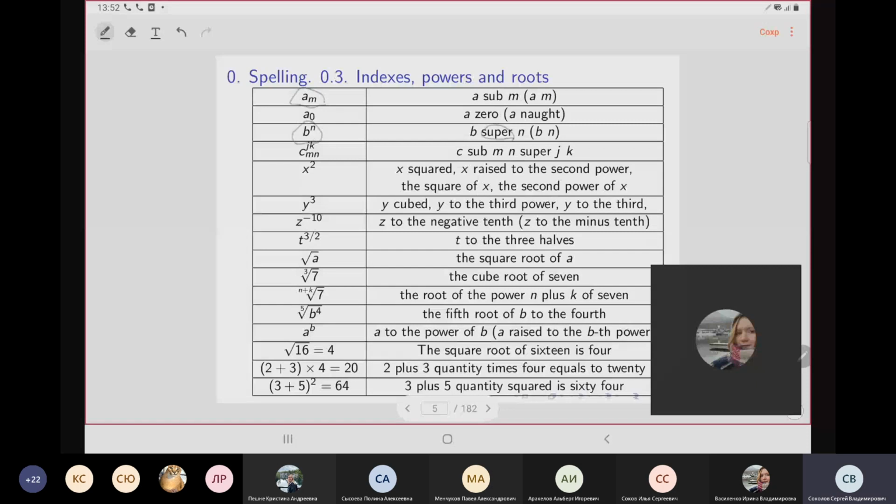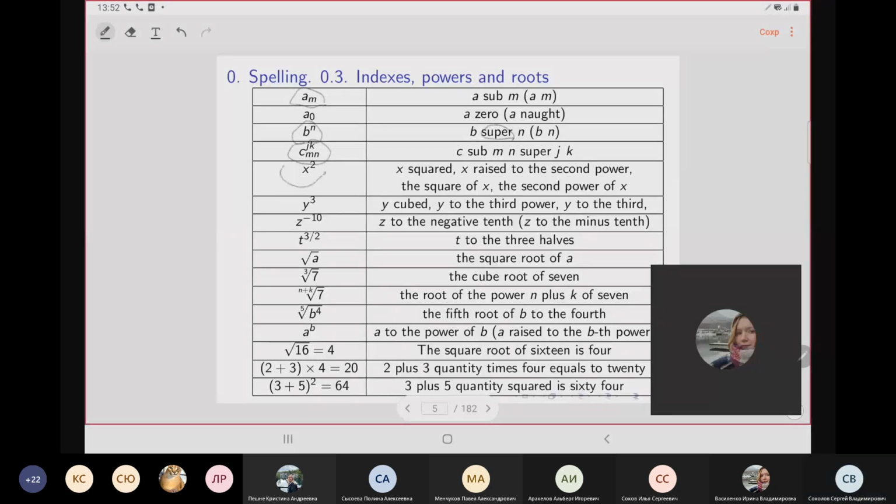In this spelling, the first is b, then we say super, and then we call the power: b super n. When there is a mixed index, we call it c sub mn super gk.